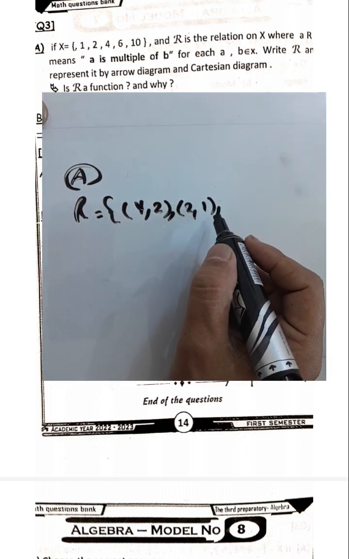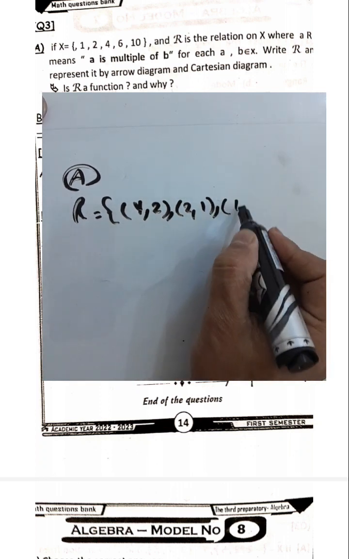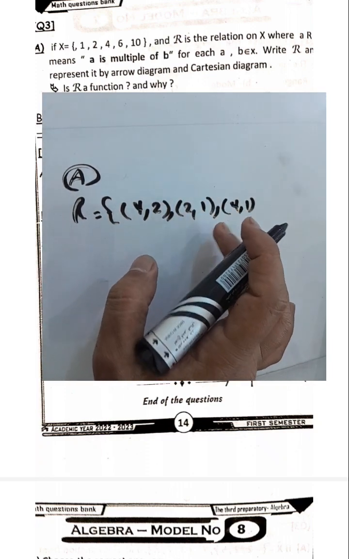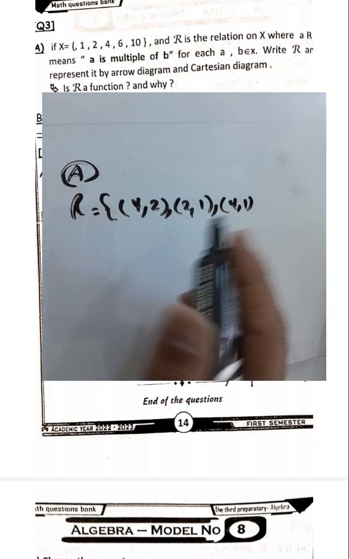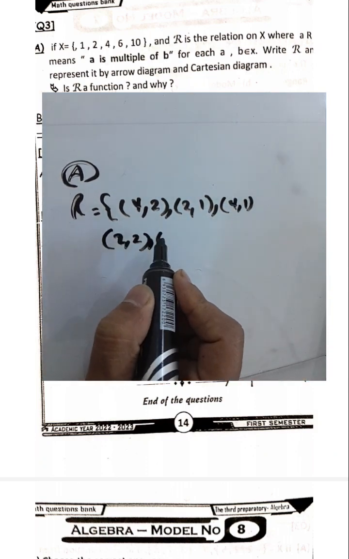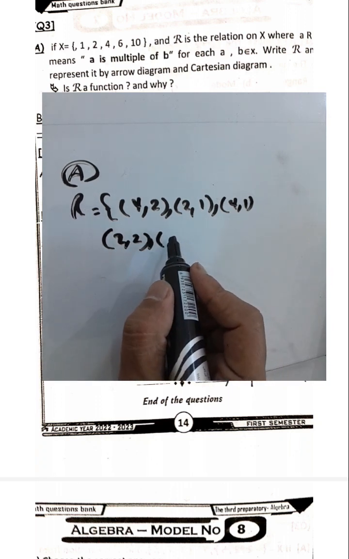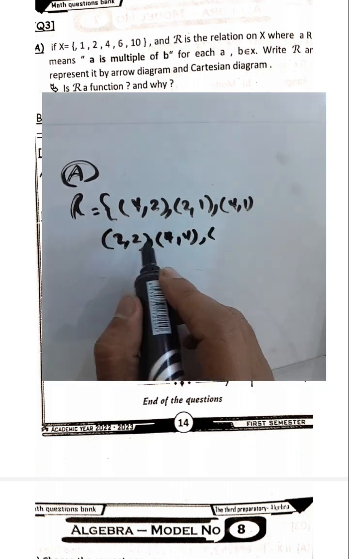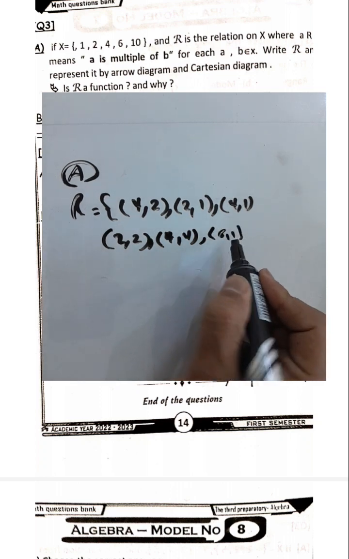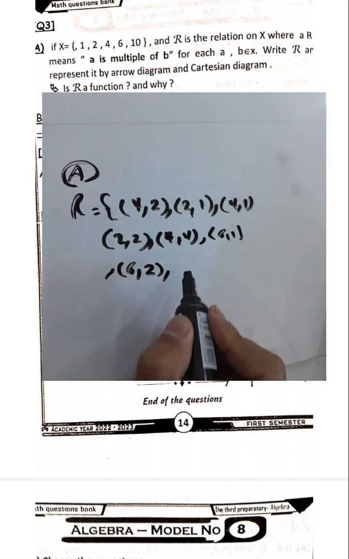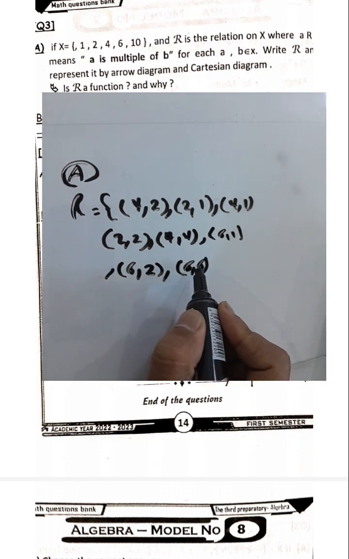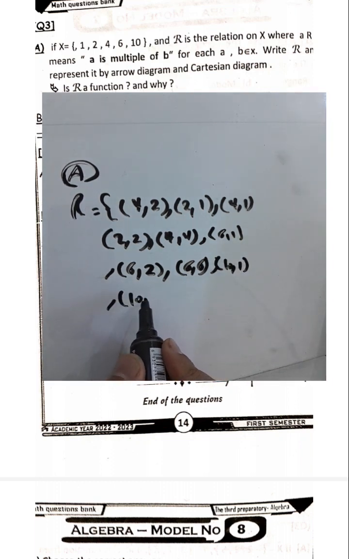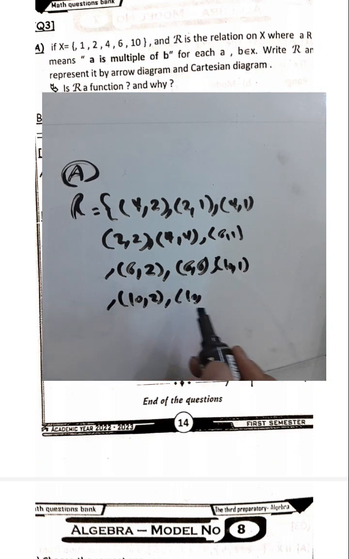Okay, 4 is a multiple of 1. 4 can be divided by 2 and 1, and 2 can be divided by 1, and 2 can be divided by itself, and 4 can be divided by itself. 6 can be divided by 1, 6 is a multiple of 2, and 6 is a multiple of itself, and then 10 is a multiple of 1, and 10 is a multiple of 2 and itself.